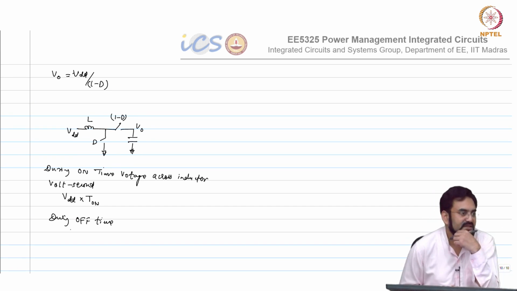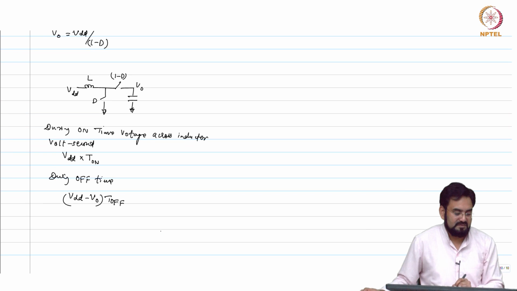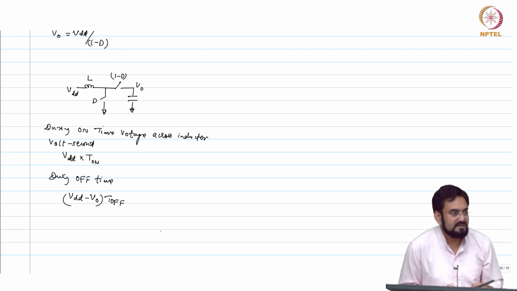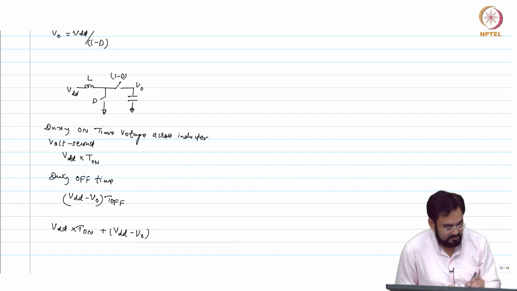What is the voltage across the inductor? VDD minus V out into T off. So the average is how much? VDD into T on plus VDD minus V out into T off.